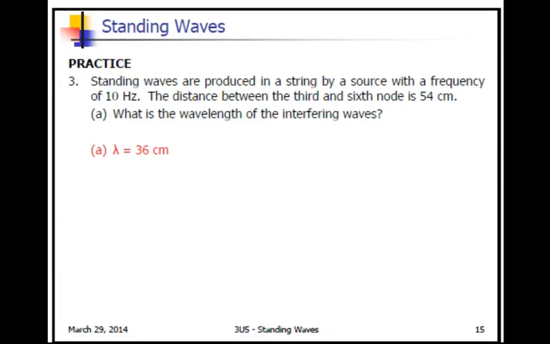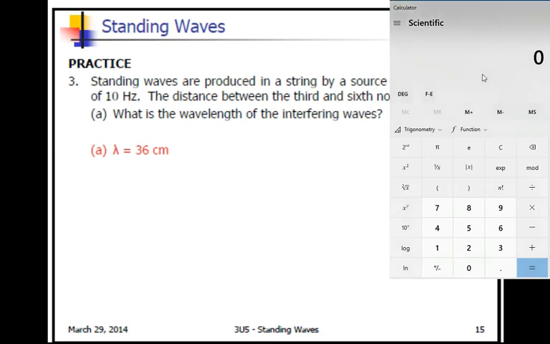Question number 3. Standing waves are produced in a string by a source with a frequency of 10 hertz. The distance between the third and the sixth node is 54 centimeters. What is the wavelength? Okay, the distance between the third and the sixth node. So how many loops does that cover?